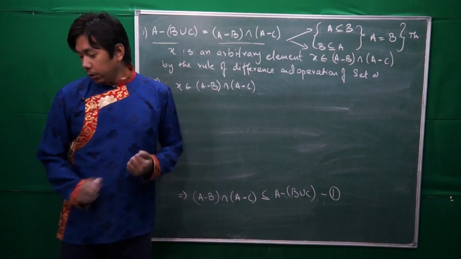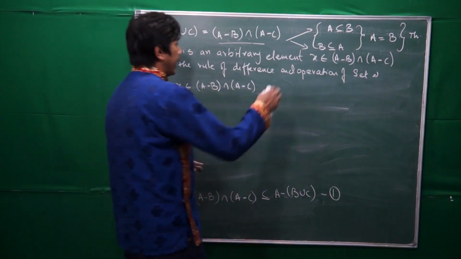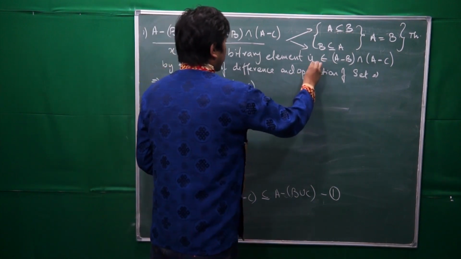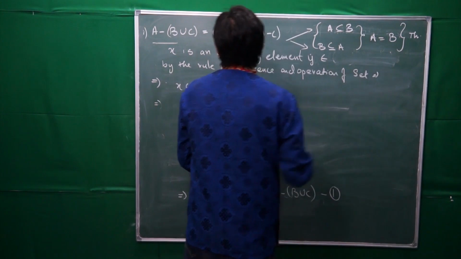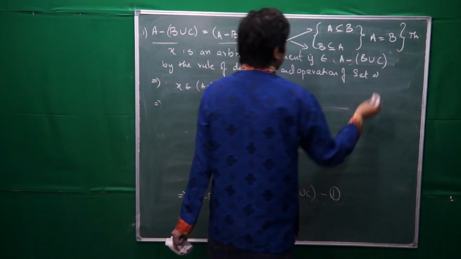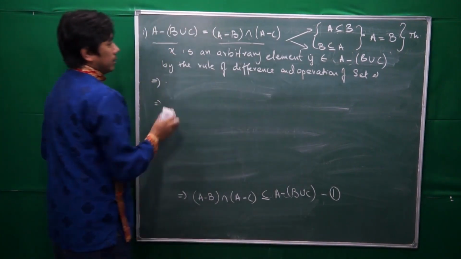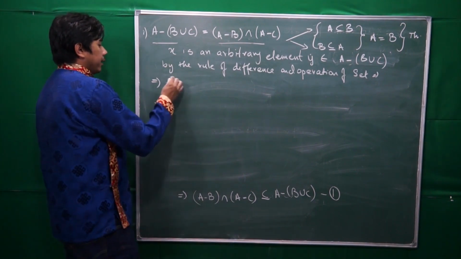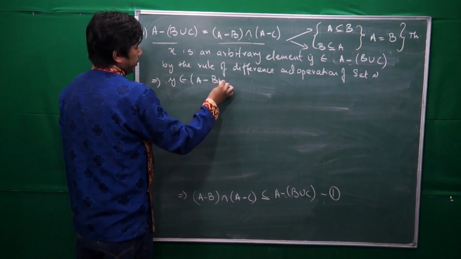Okay. So to begin that, now instead of taking an arbitrary element X, I'll be taking an arbitrary element Y. And this Y would belong to A minus (B union C). Simple. Now let's say Y belongs to A minus (B union C).